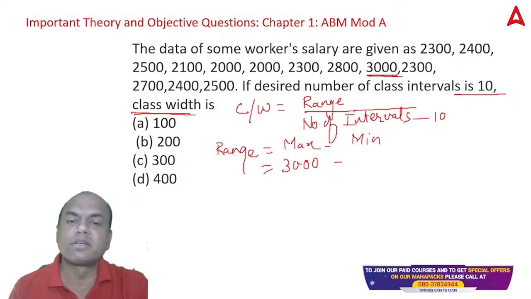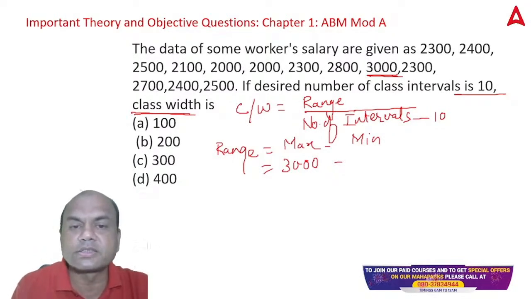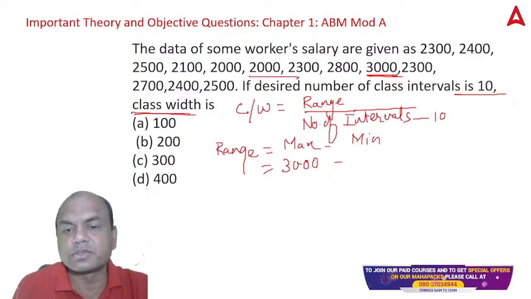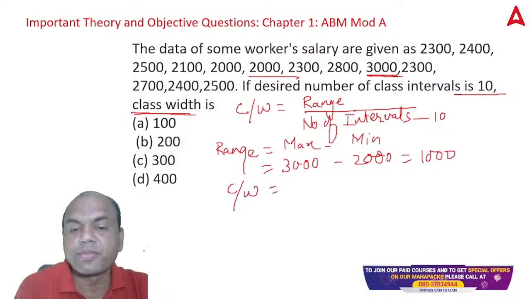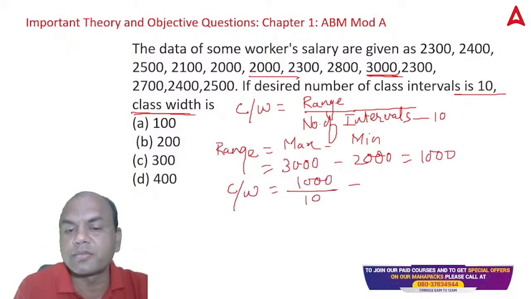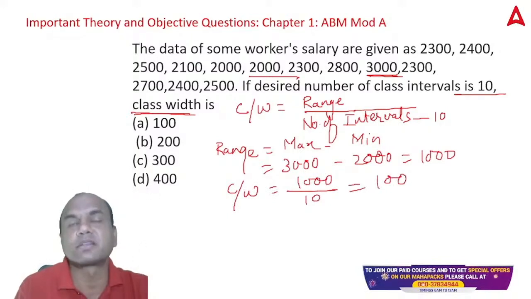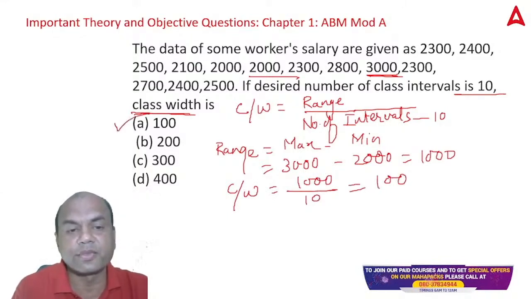Minimum number is 2000, correct? This is the lowest number. So range is 3000 minus 2000, so 1000. So what is my class width now? Class width equals 1000 upon 10, which is equal to 100. So this is my answer. Class width is 100.